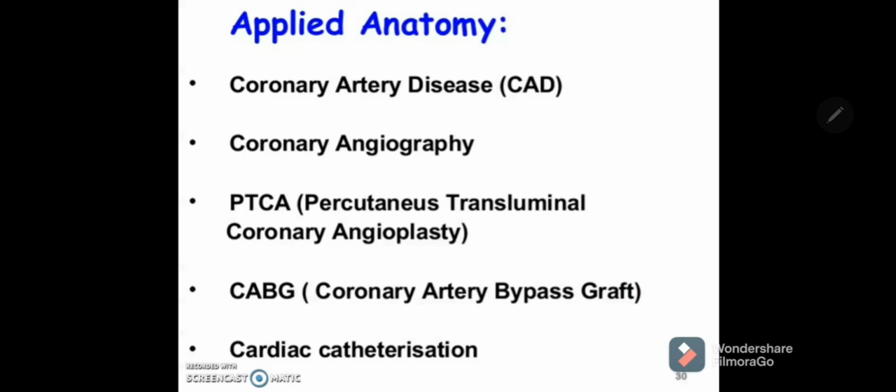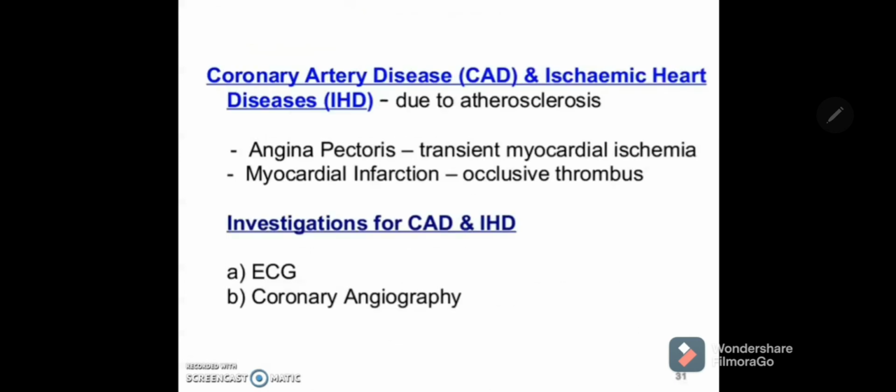So coming to the applied anatomy: coronary artery disease, coronary angiography, percutaneous transluminal coronary angioplasty, coronary artery bypass graft, and cardiac catheterization. What is coronary artery disease? It is a luminal blockage due to atherosclerosis. Patient may experience the angina pectoris or myocardial infarction.